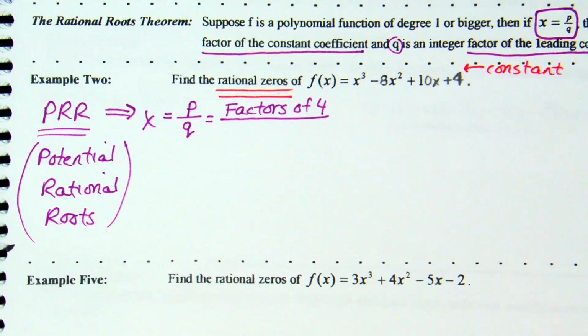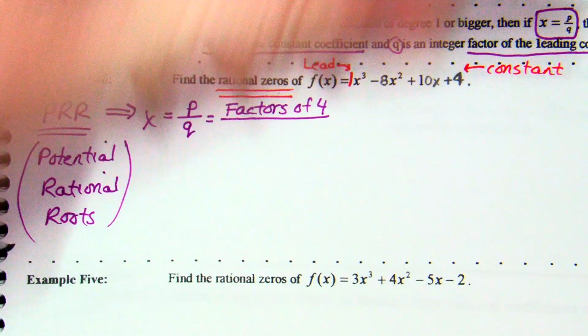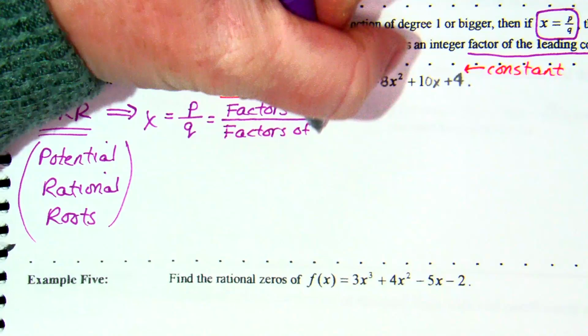What's my leading coefficient? Okay, yeah, whatever number is in front of x cubed, because x cubed is my leading term, and so my leading coefficient, in this case, is 1. So my denominator is going to be factors of 1. So I've got factors of 4 over factors of 1.